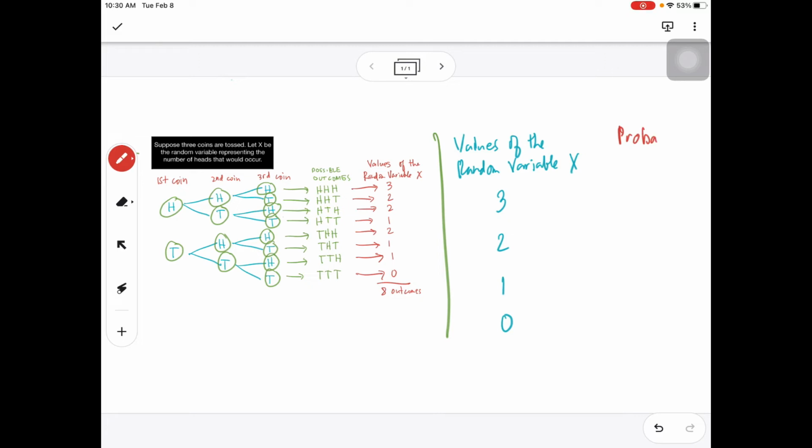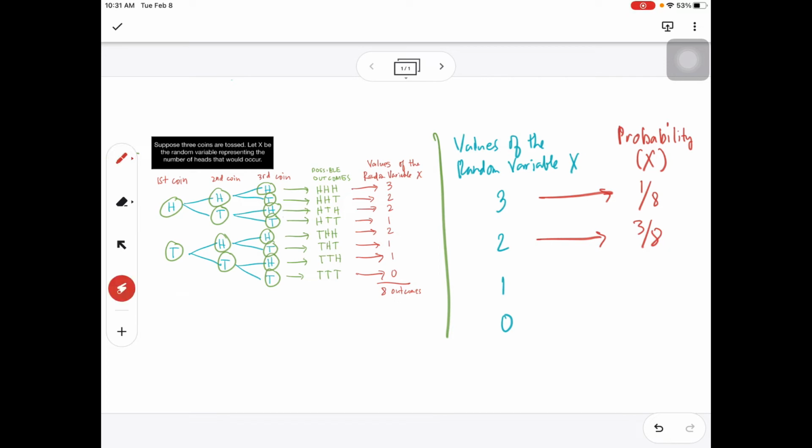Now we need to check the probability for random variable x. How many times did we see 3 among the outcomes? We have here 1, so this is going to be 1 over 8. For 2, we have 1, 2, and 3, so this is 3 over 8.